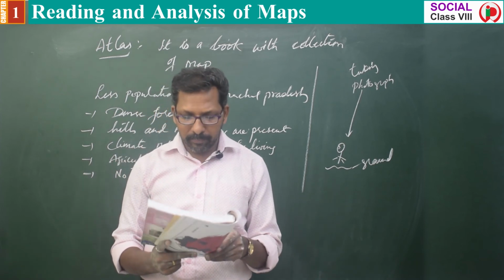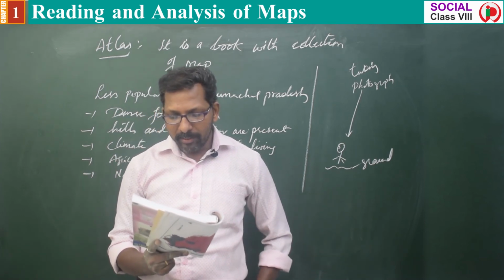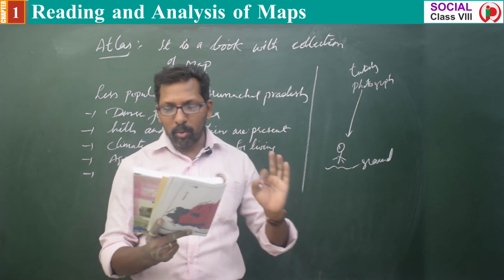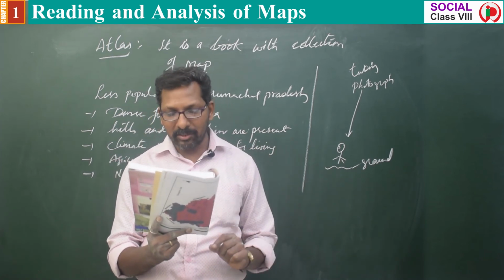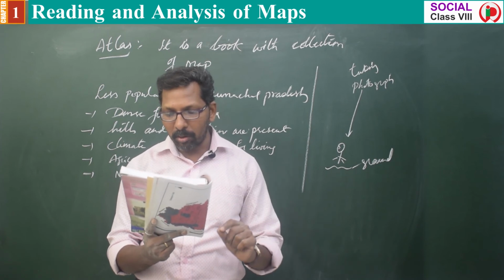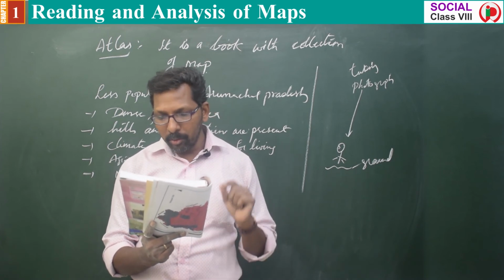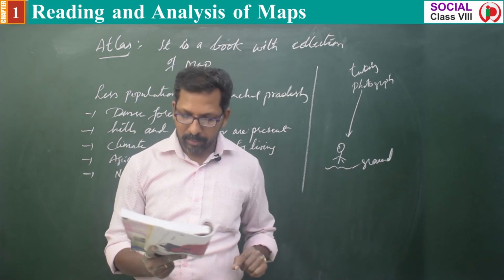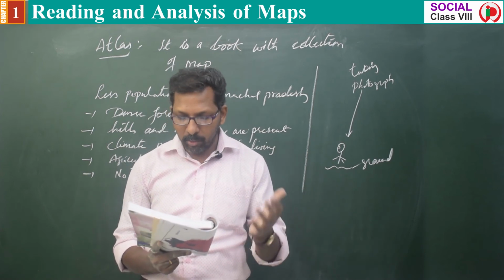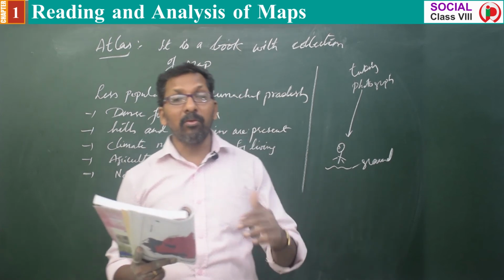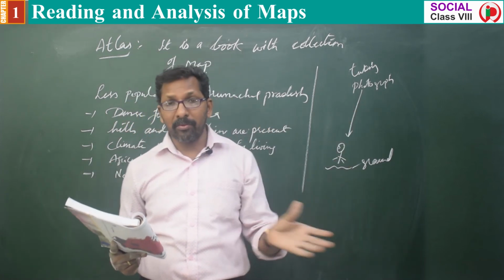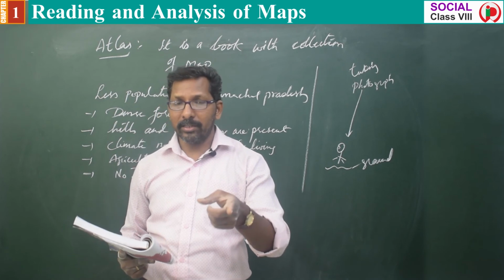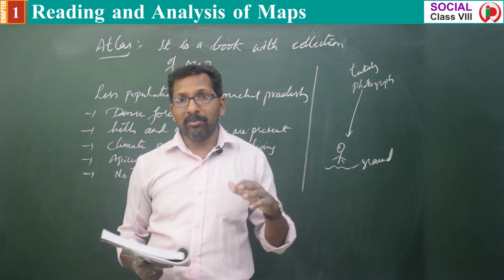Third question: many people believe that making of maps by the colonial powers was a more powerful tool for exploitation and control of the colonies than guns. Do you agree? Why? If you feel that maps were more powerful than the guns, you are agreeing. Yes, I can say that maps are more powerful. Why?